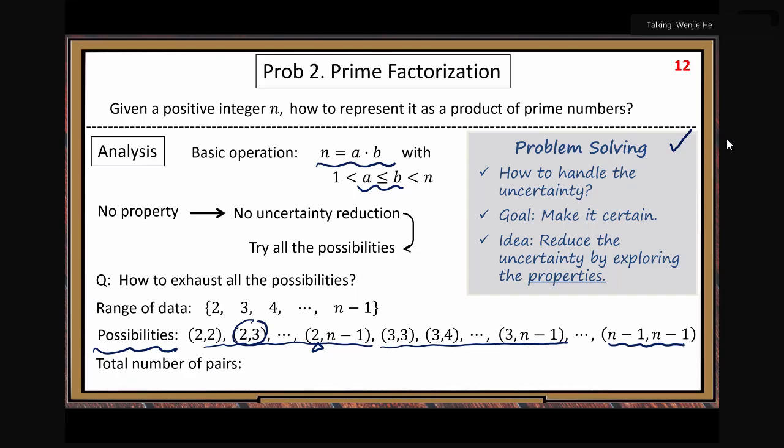We divide it into several segments, different categories. Category 1: when A equals 2, that's the first category. How many pairs are in the first category?